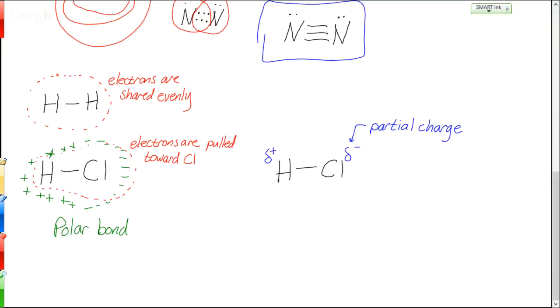One of the things we want to be able to do is determine whether a bond will be polar or not. So to do that, we have to look up some numbers called electronegativity.